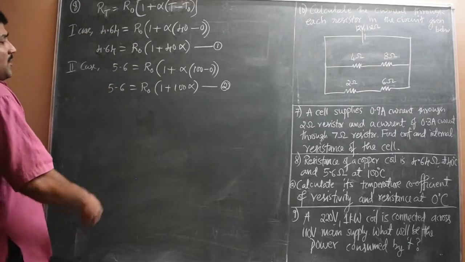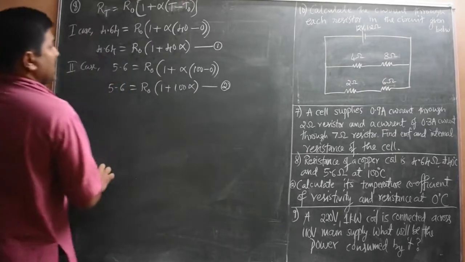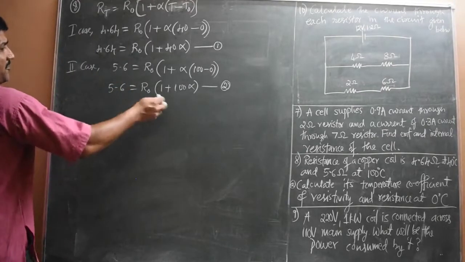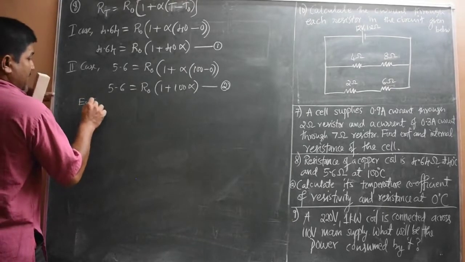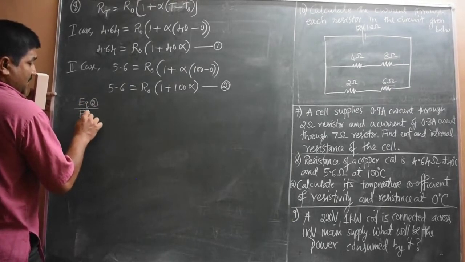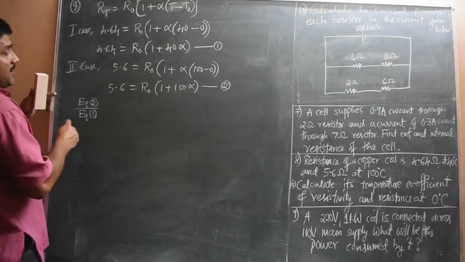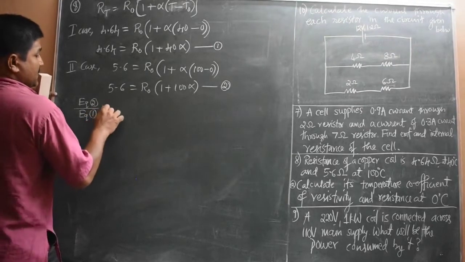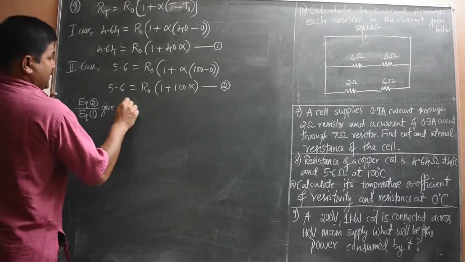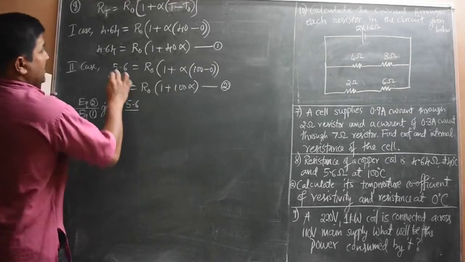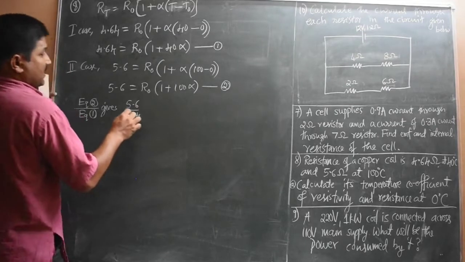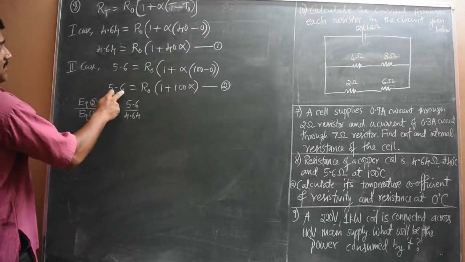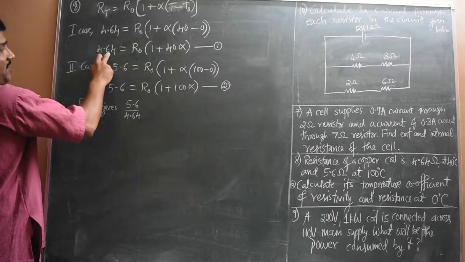So now I divide equation 2 by equation 1. It gives 5.6 divided by 4.64. Respectively you have to divide, that means LHS: equation 2, 5.6, divided by equation 1, 4.64.